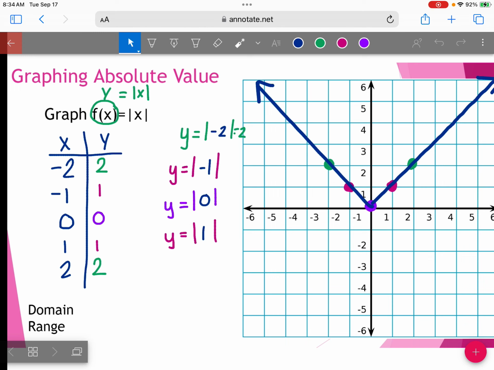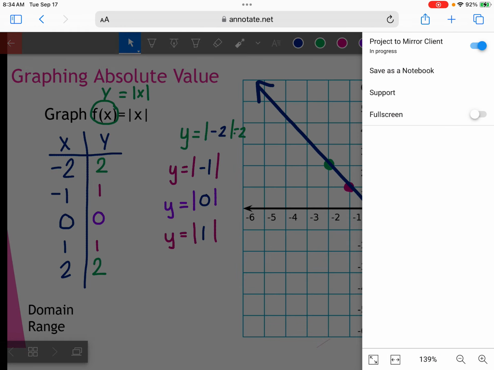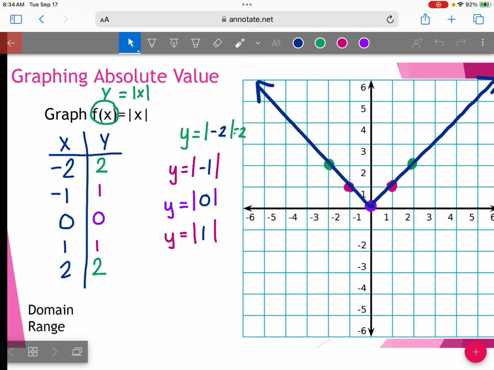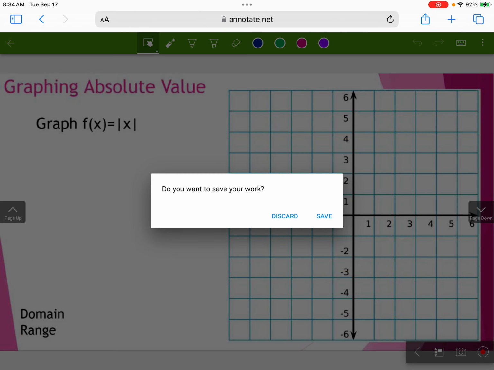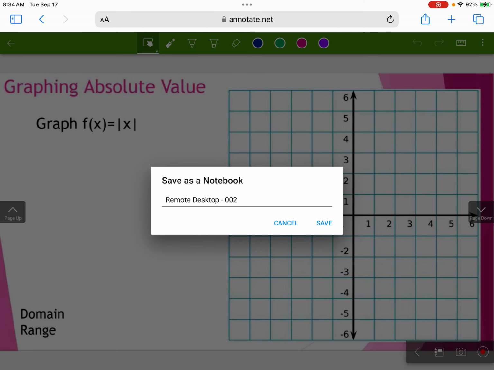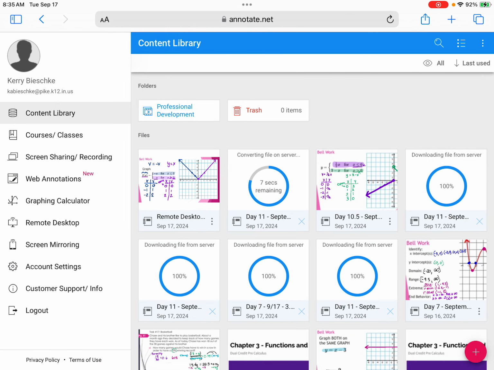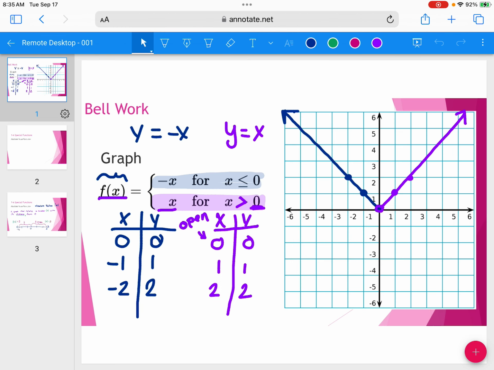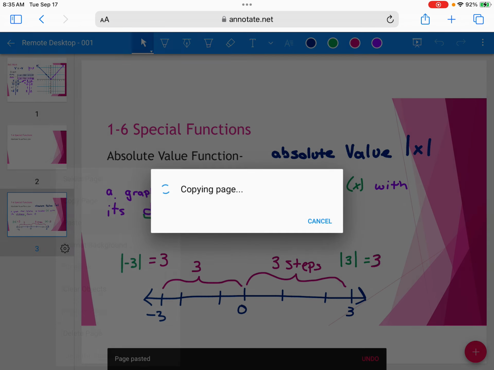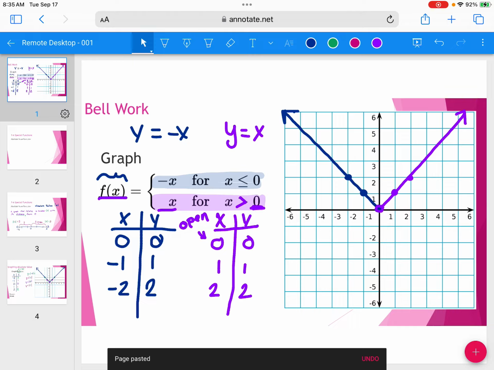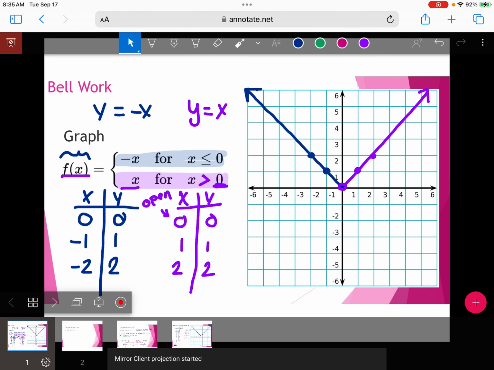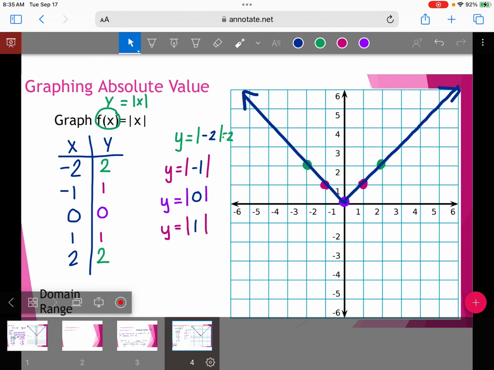All right. So our graph should look like this. This looks a whole lot like the bell work, and what we just graphed.